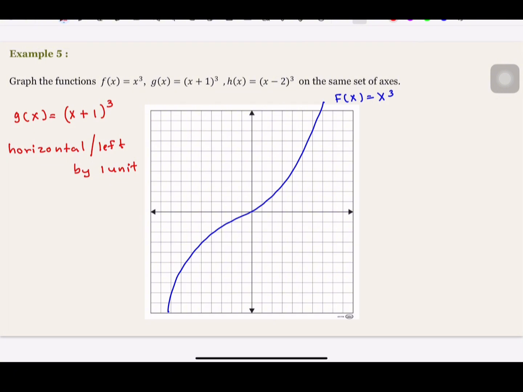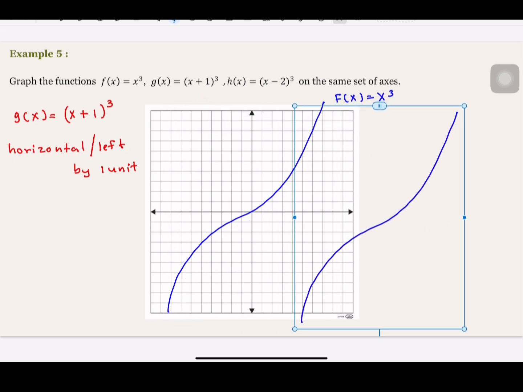So now, in order to sketch my g of x, I'm going to take this graph and move that 1 unit to the left. So let me mark the unit first. If you're considering the origin, you have to move this origin left horizontally by 1 unit.